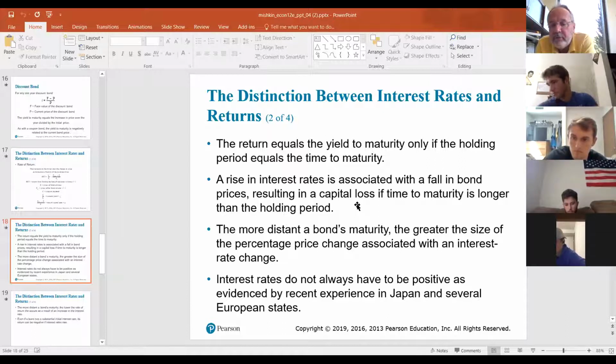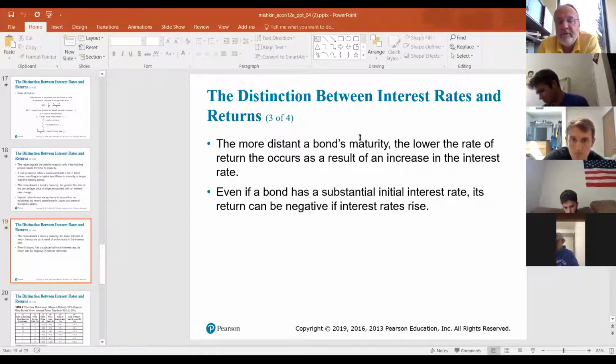The longer the bond's maturity, the greater that percentage change associated with interest rate changes. Interest rates don't always have to be positive. We almost saw that in America where interest rates were right around zero. The more distant the bond's maturity, the lower the rate of return occurs as a result of the interest rate.